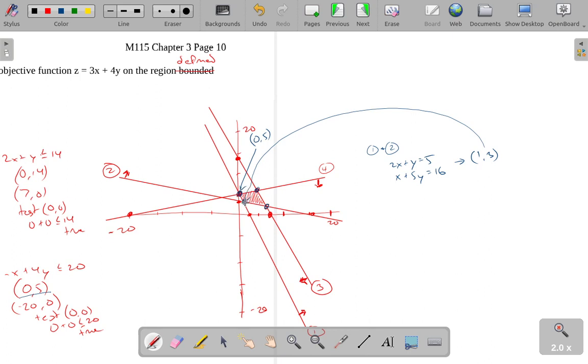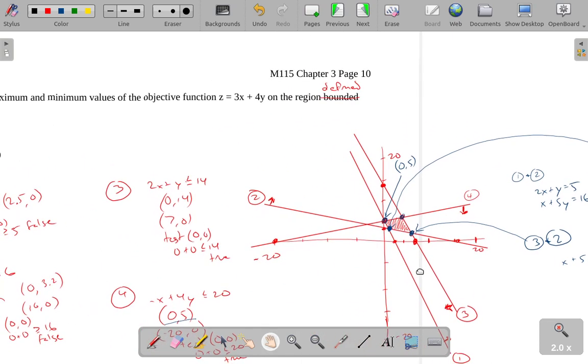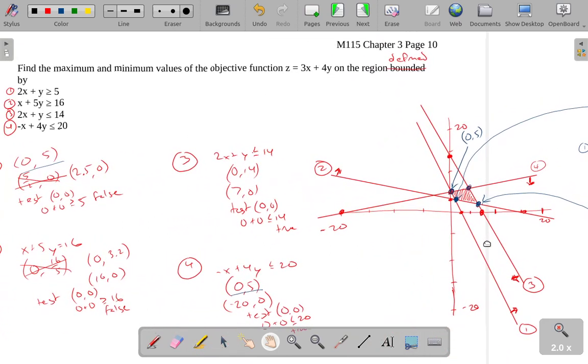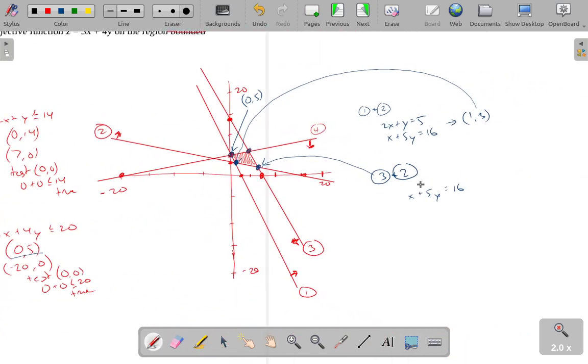Because now that I've entered lines 1 and 2 into the matrix, when I figured out this point, if I go and figure out this point next, this one would be lines, what is that, 3 and 2? Well, I already have line 2 entered into that matrix. It's already x plus 5y equals 16. So I would actually only need to change one of these equations. 2x plus y equals 14 is equation 3.